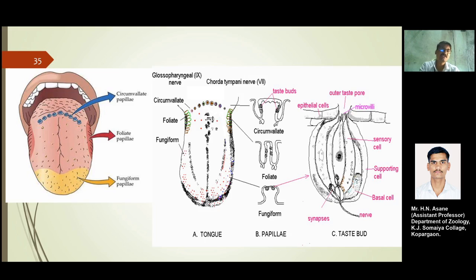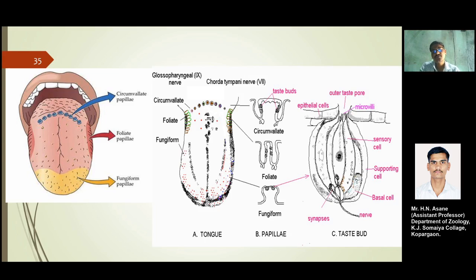Okay, as you can see the circumvallate papillae, these also possess taste buds. So you can see the linear arrangement of the circumvallate papillae in this picture. As you can see in another picture on the slides, that confirms the circumvallate, foliate and fungiform papillae structures and their location.